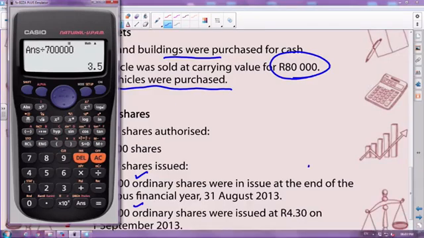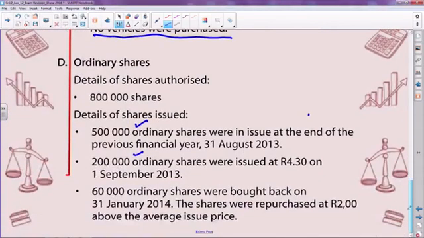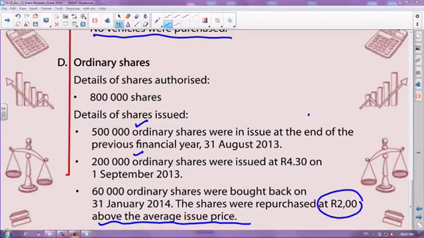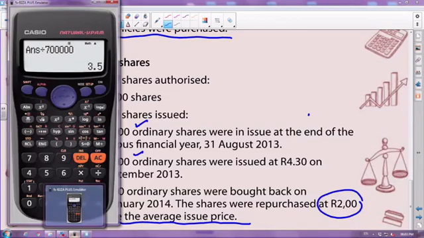Now watch this here. If we look at the buyback of the share, we are told that 60,000 ordinary shares were bought back, and these shares were repurchased at 2 Rand above the average issue price. So this means, therefore, that our average that we worked out was 3 Rand 50.